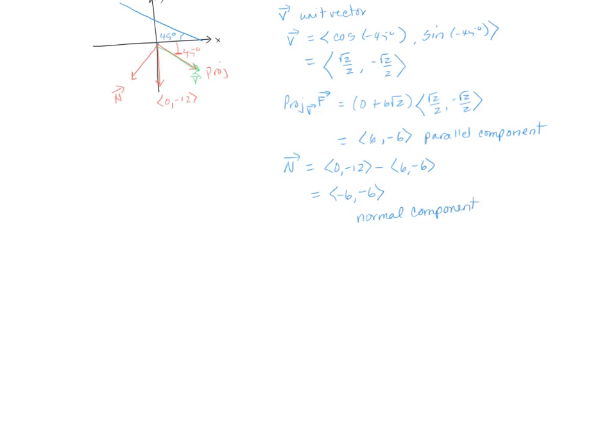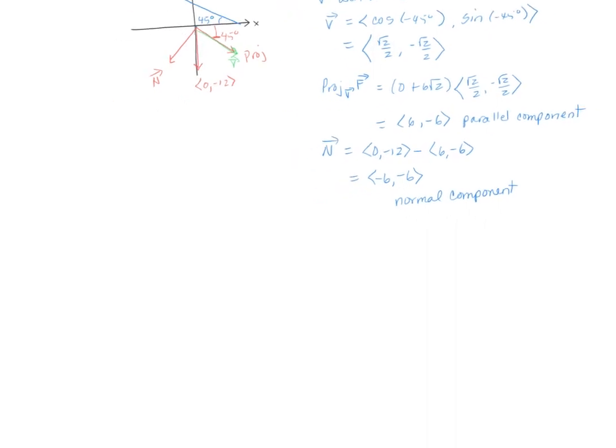So it also said to verify that the sum is f, which means all I have to do is check, is f equal to 6, negative 6 plus negative 6, negative 6? Yeah, that's 0, negative 12. And we've verified. All right, so that's it for this section.